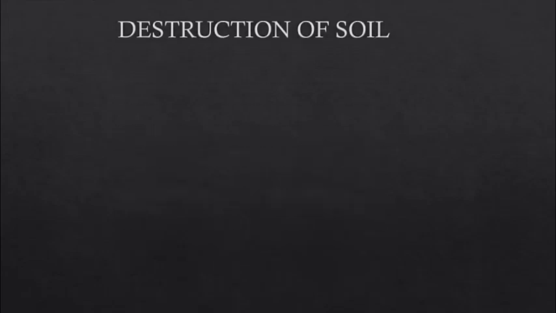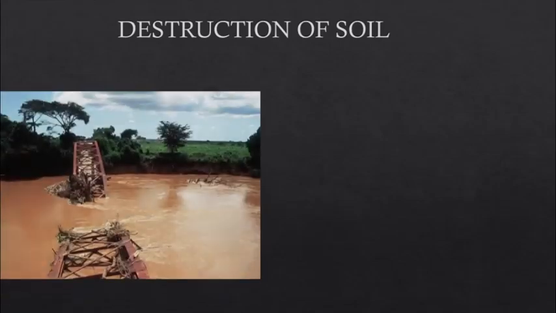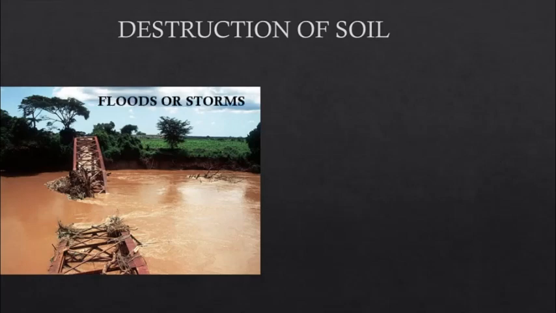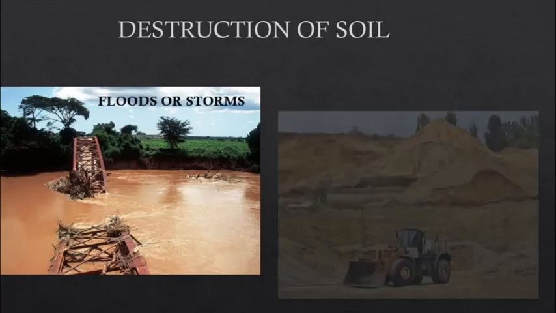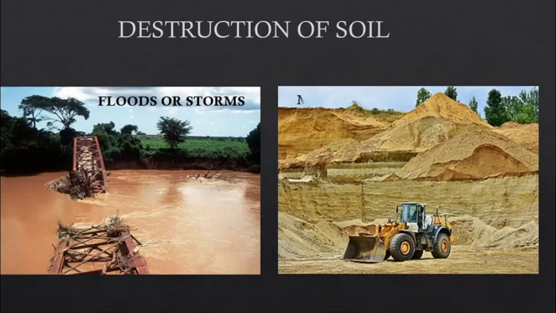So children, we all know the importance of soil now, but there are various reasons for the destruction of soil. The soil is destroyed both because of natural and man-made activities. The soil gets destroyed due to floods, storms, or even human activities like mining.